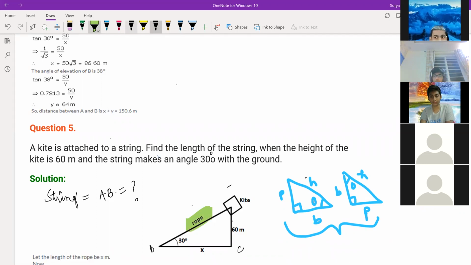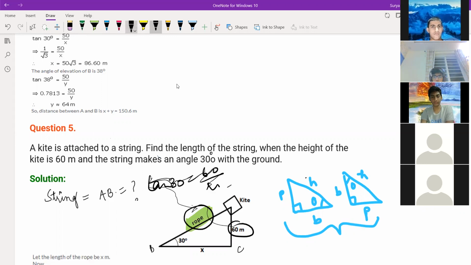We should get the relation between perpendicular and hypotenuse, right? So P by H is nothing but tan 30. So tan 30 equals 60 by the hypotenuse, so 60 by root 3 we are getting, right? You are multiplying up and down by root 3. So 1 by root 3 should come.